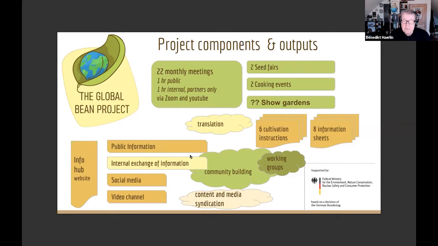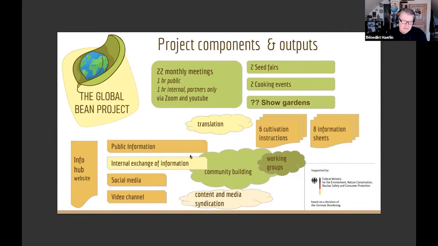We will organize 2 seed fairs. We will organize cooking events. We have a list of gardens who will participate as show gardens and share the variety of beans they plant in diverse regions of Europe and Africa, and maybe also India, and they will share this via videos and mobile phone exchange. We will produce cultivation instructions and information sheets, and we are presently building up an information hub, a dedicated website.